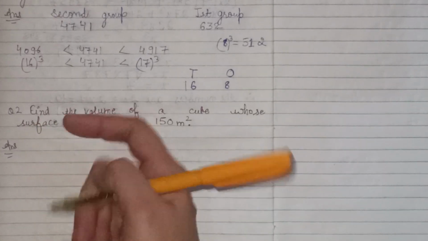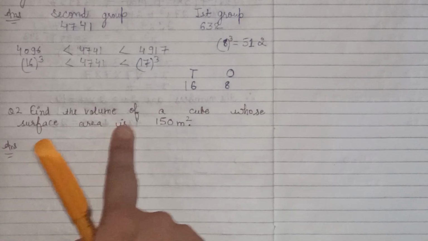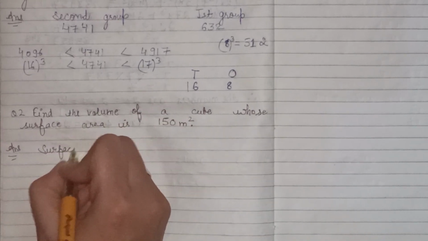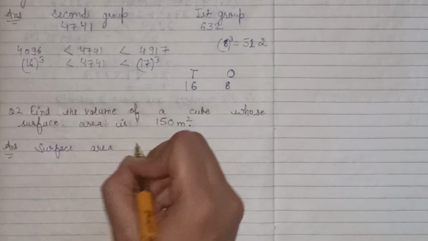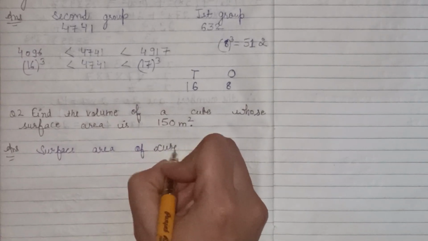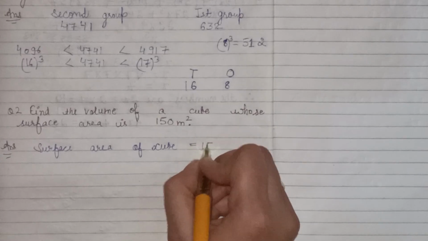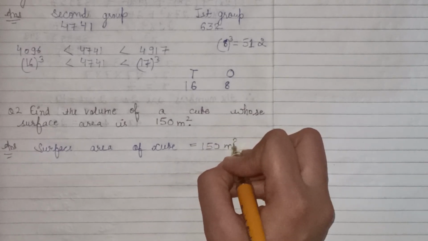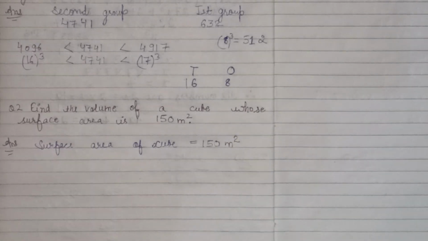We are given the surface area of a cube. I write here surface area of cube is equal to 150 meter square. Now the formula of the surface area of a cube is 6a square.